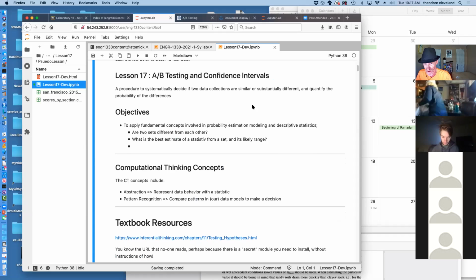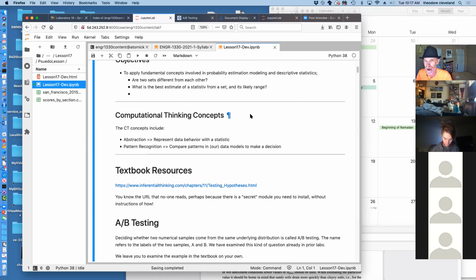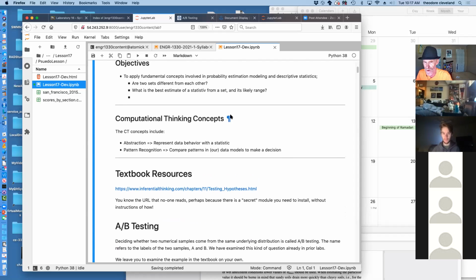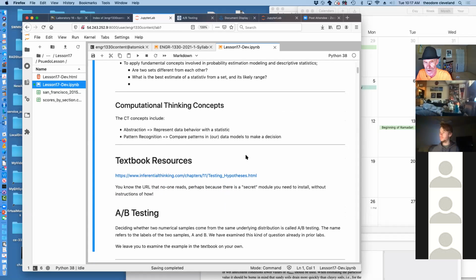The computational thinking concepts we will be touching on today, or that are always going on in the background, are abstraction and pattern recognition. The other three are as important, but largely these two.